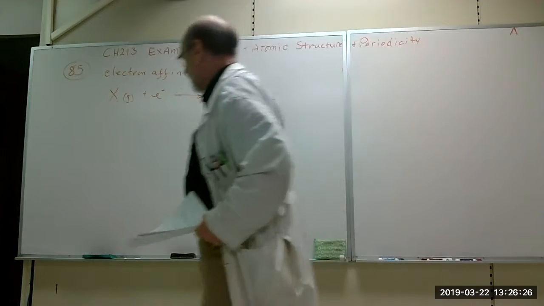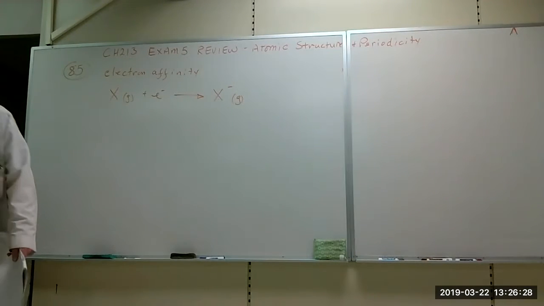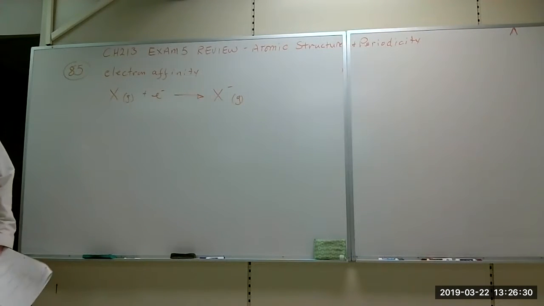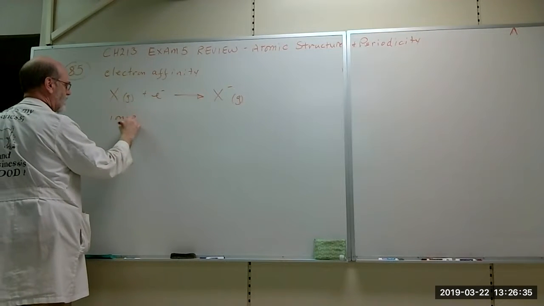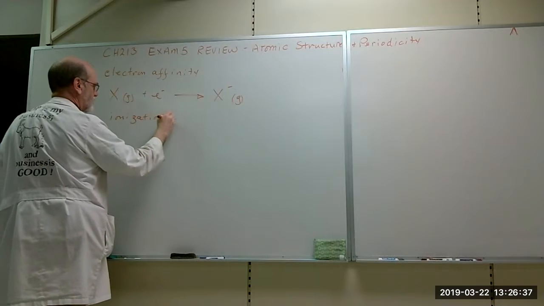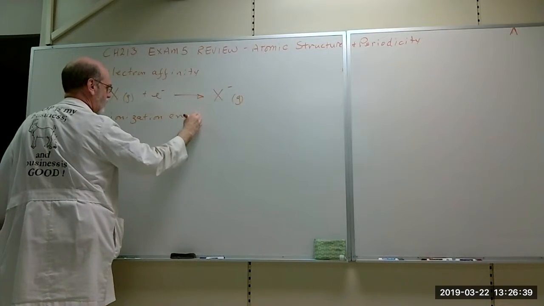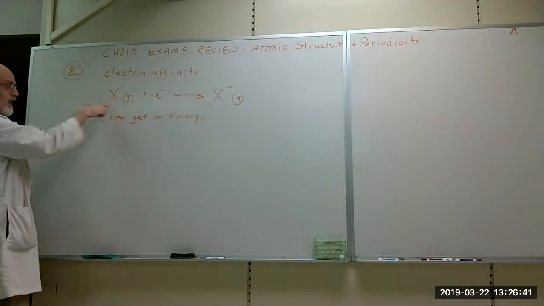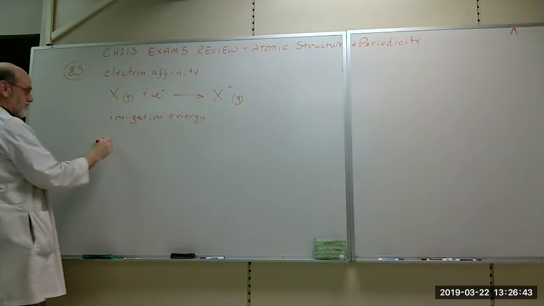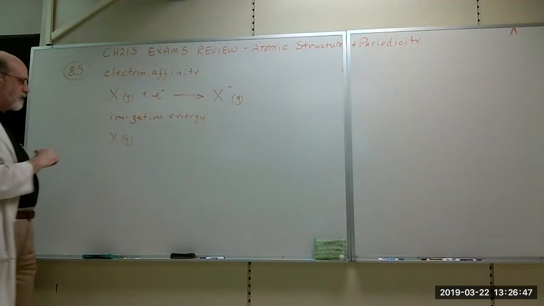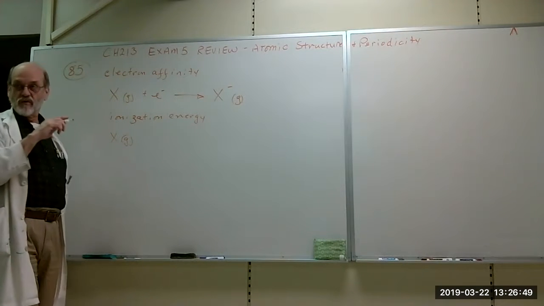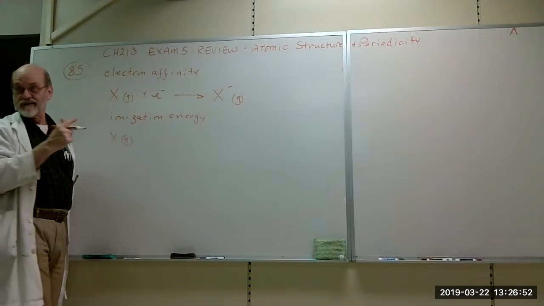While we're on the topic, how about ionization energy? We have to start with the same situation, right? X as a gas. But in this case, we're going to remove an electron.